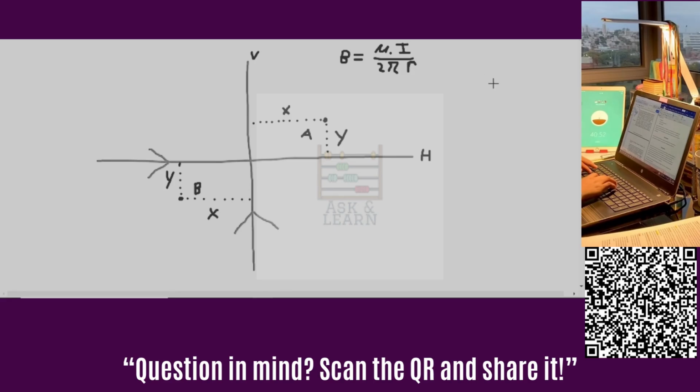We'll need to do this twice, one for BV and one for BH. BH is going to be the same equation: mu naught times the current, divided by 2 pi times the distance.